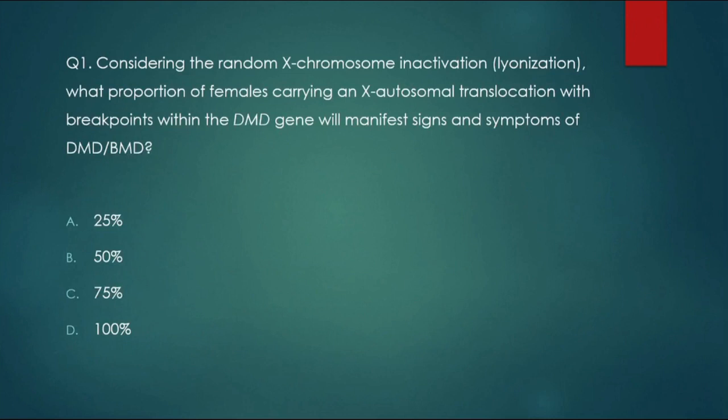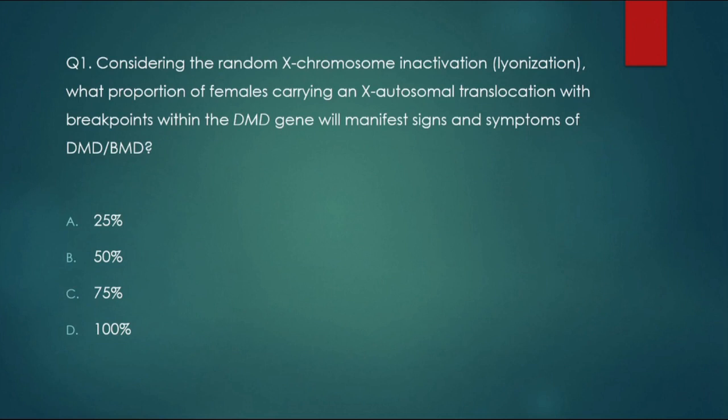One has translocation with the autosome, and the autosome is translocating in such a way that the DMD gene is disrupted. So this has the DMD mutation. Another X chromosome is normal. So we know that randomly there will be inactivation or lyonization of 50% of the X chromosomes. So what do you think the percentage of manifesting carriers will be in this case?